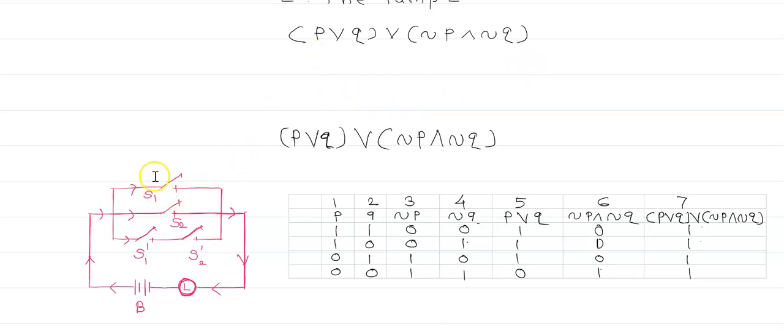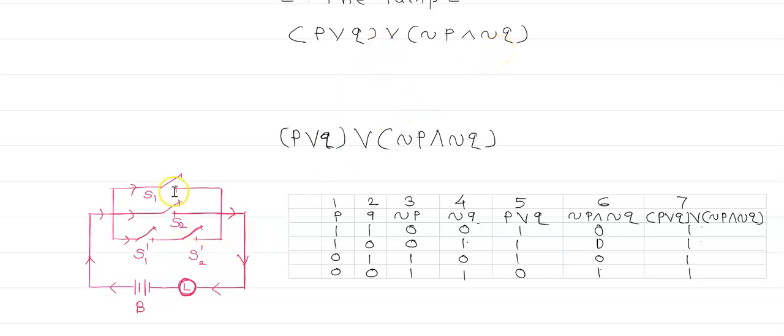Now S1 and S2, these two are in parallel, therefore we write here S1 and S2. What about the next? Negation of P and negation of Q. Negation of P means S1 dash, and the second is S2 dash.